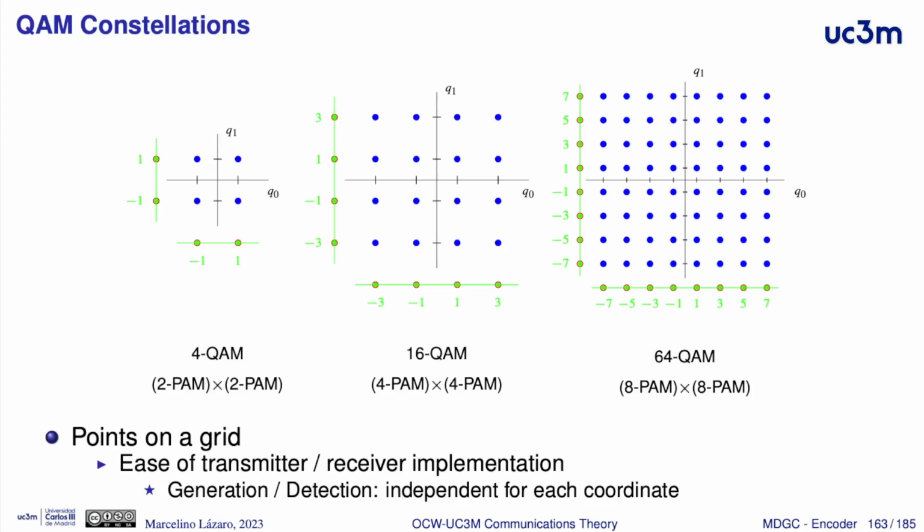The main advantage is that the implementation of both the transmitter and the receiver is relatively simple, because in this kind of constellation we can see that basically what we have is two independent one-dimensional constellations, one per dimension, and this makes it possible to implement independently the transmitter and the receiver for each component, for each dimension.